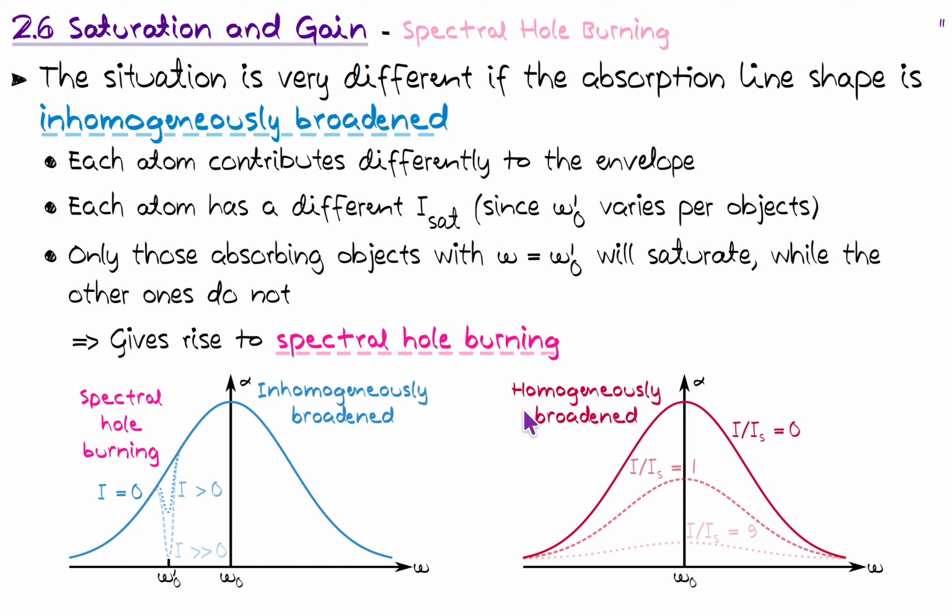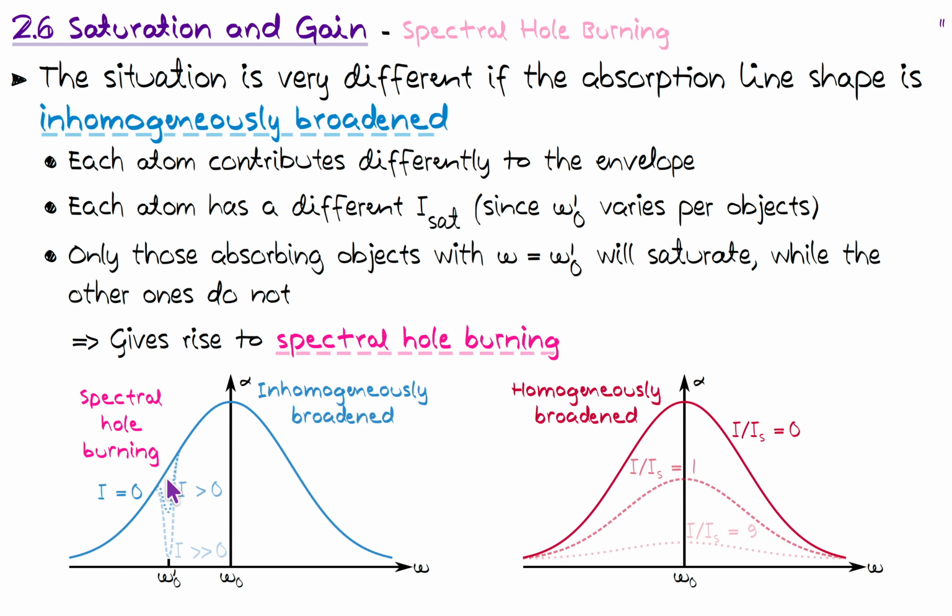This situation dramatically changes when we consider an inhomogeneously broadened medium. This overall line shape function, which I'm drawing with the blue solid line here, is a composition of many atoms absorbing my impinging field. For example, in a gaseous medium, I have different velocities and accordingly different resonant frequencies. When I impinge with a given frequency and have a saturation effect, we are only saturating a tiny portion of all the atoms.